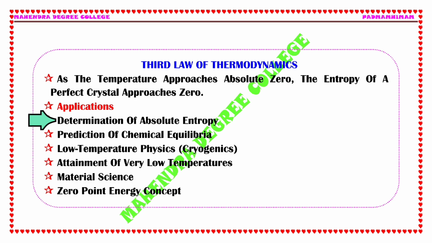This means the third law allows us to calculate the absolute entropy of substances by measuring heat capacities down to near absolute zero. This helps in studying chemical reactions, phase changes, and thermodynamic properties.